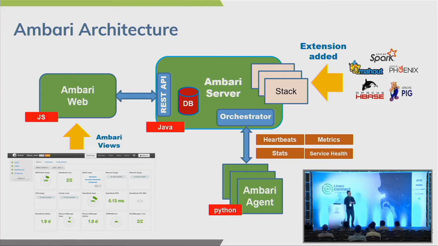The Ambari Web UI interacts with the Ambari core, the Ambari server, through the RESTful API. The Ambari core orchestrates the services on Ambari agents, and these services come from the Ambari Stack. Ambari Stack is the core component in the Ambari server.